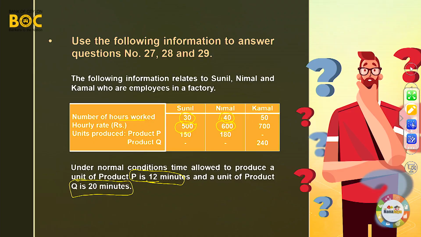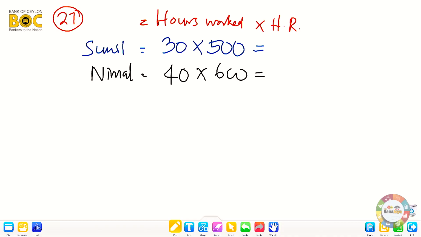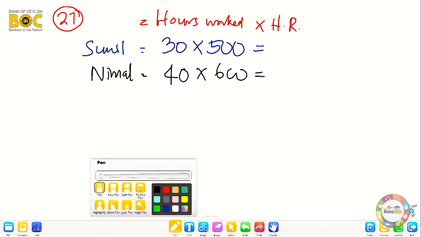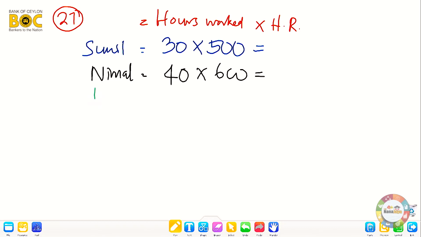He has worked 50 hours, hourly rate is 700. Then you can calculate the values.